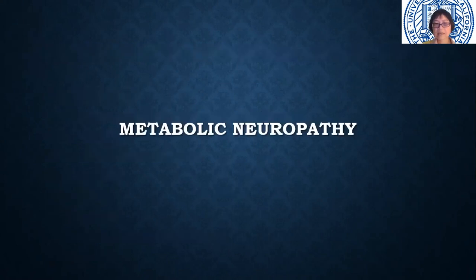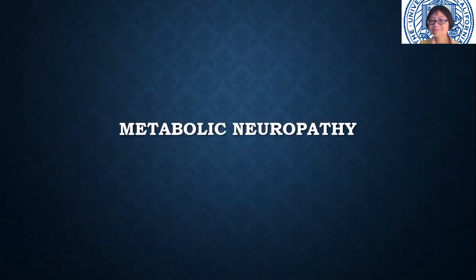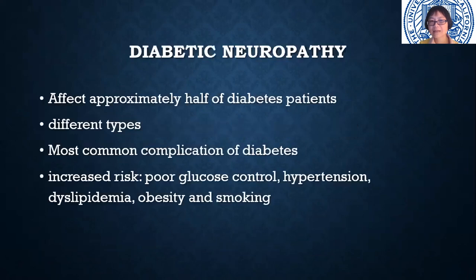So I will talk about a few common types of neuropathy to offer you a little bit more information. The metabolic neuropathy is pretty common because many patients who come to our neuromuscular clinic have diabetic neuropathy.